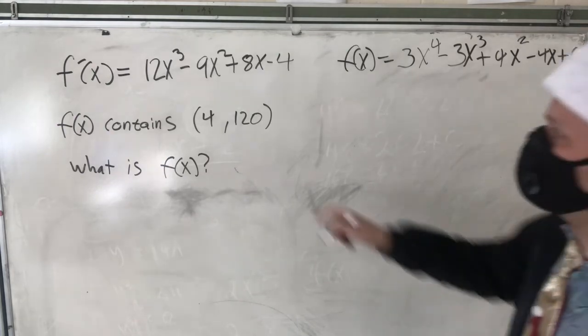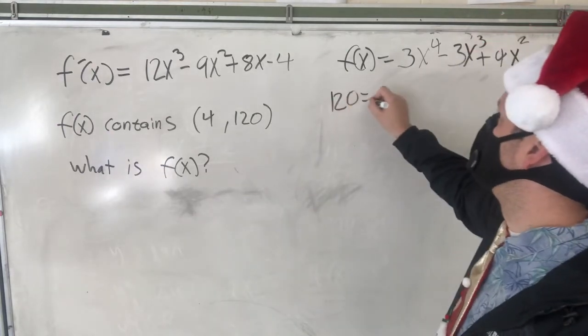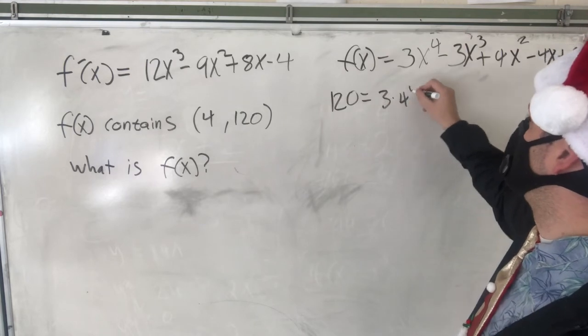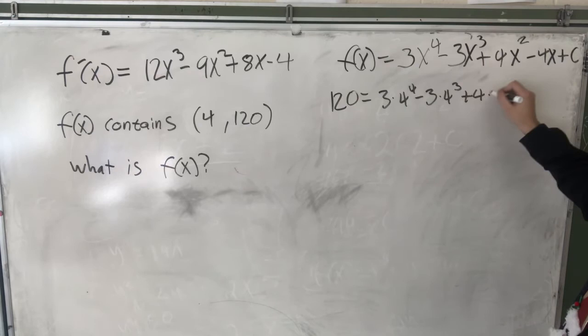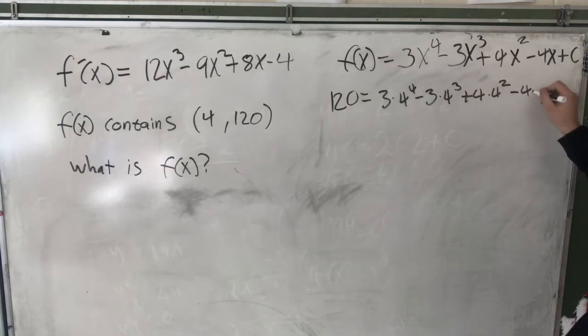So now I just need to plug in these numbers here. We've got 120 equals 3 times 4 to the 4th minus 3 times 4 cubed plus 4 times 4 squared minus 4 times 4 plus c.